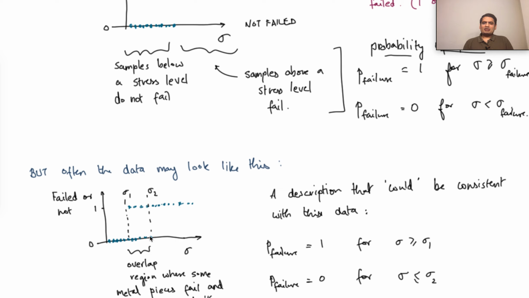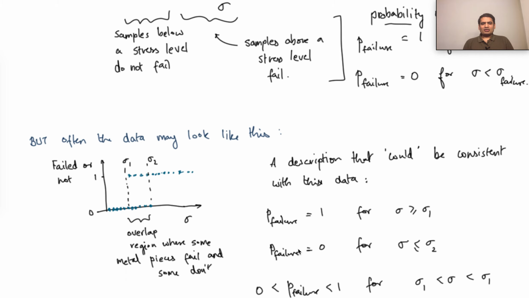And then for intermediate stress levels, maybe the material sometimes fails, or some samples fail, and for some other samples, even though you're roughly in the same overall external forces applied, or the conditions applied in the experiment, sometimes it fails and sometimes it doesn't.